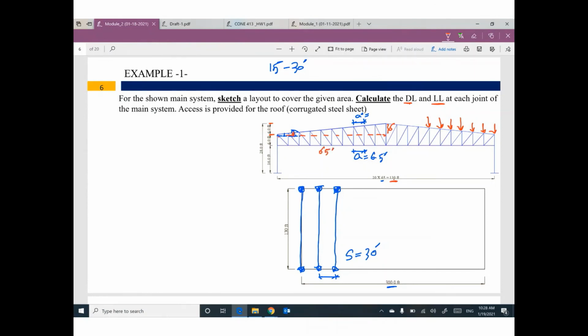So I can do the inverse tan of 6 divided by 65. This angle will be 5.3 degrees.